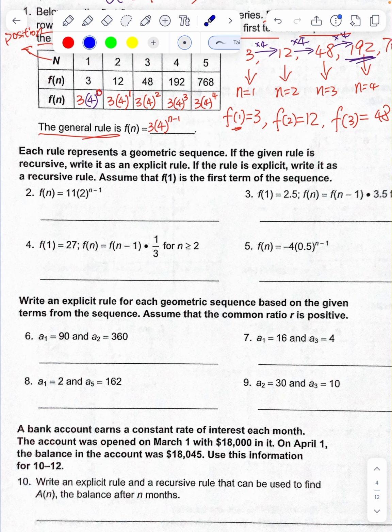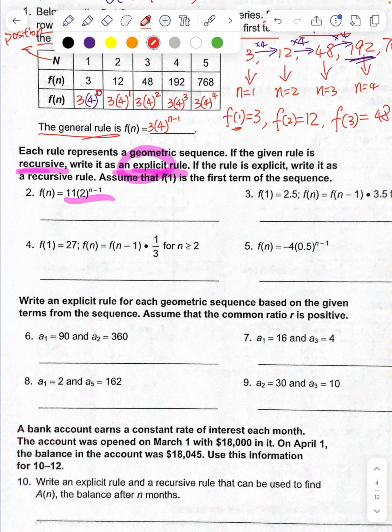What's the difference between recursive rule and the explicit rule? Explicit rule, you can use that rule to figure out any position, any term. But the recursive rule, you always have to know the previous term to find the next term. So explicit rule is way more important, way better.